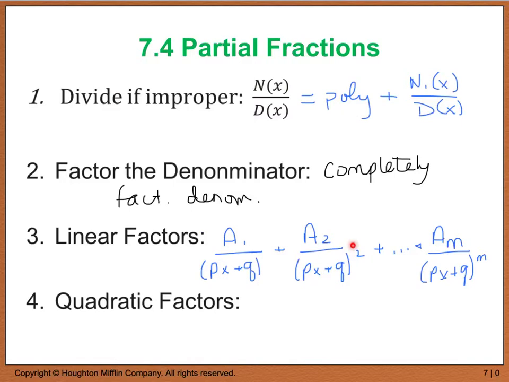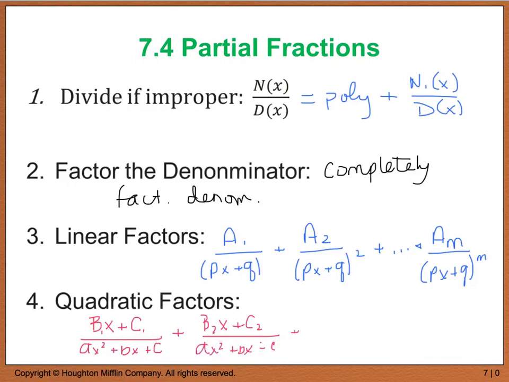And then last but not least, we have what we call quadratic factors. So for each quadratic factor, we're going to include b sub 1 x plus c sub 1 over the quadratic factor, which would be ax squared plus bx plus c. And then we're going to add that to b sub 2 x plus c sub 2 divided by ax squared plus bx plus c, all the way down until we get the repeated quantity of that quadratic factor.